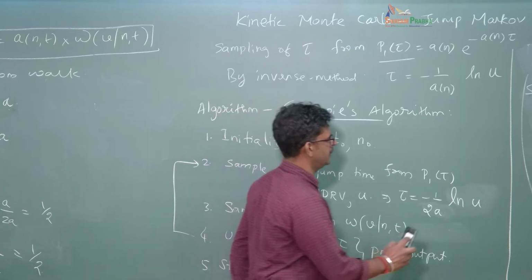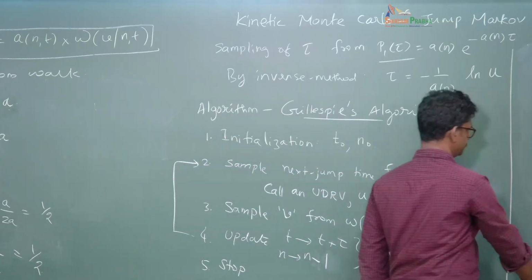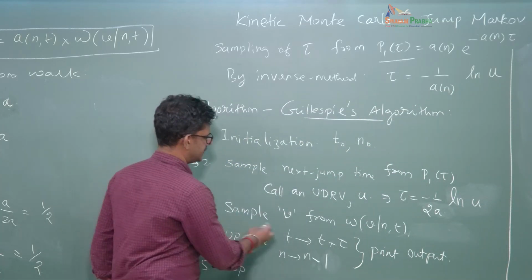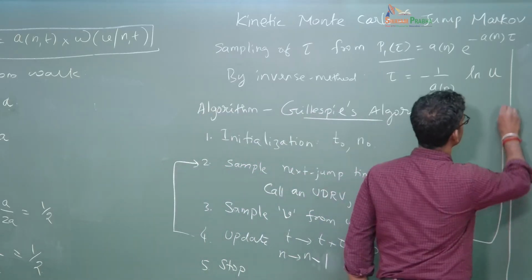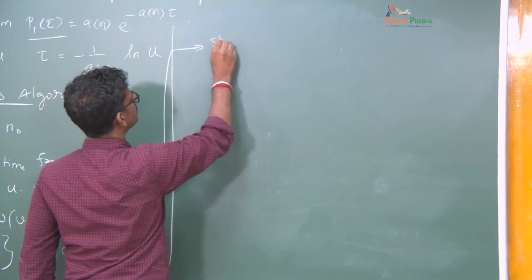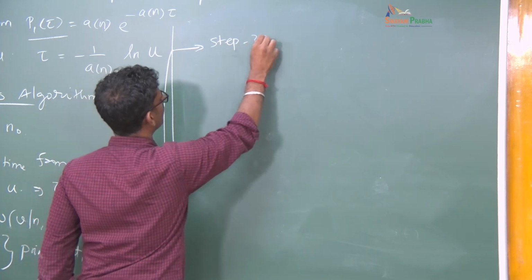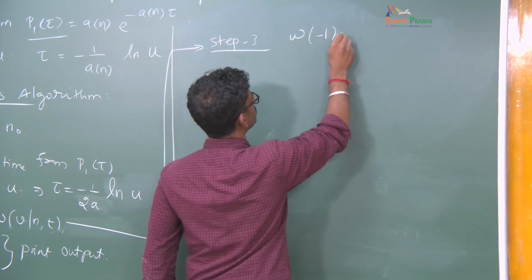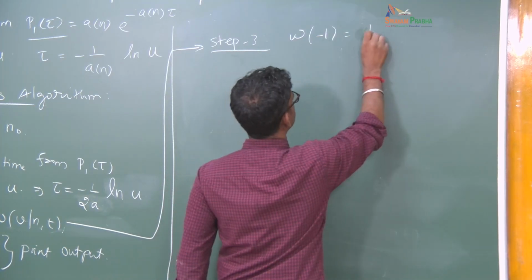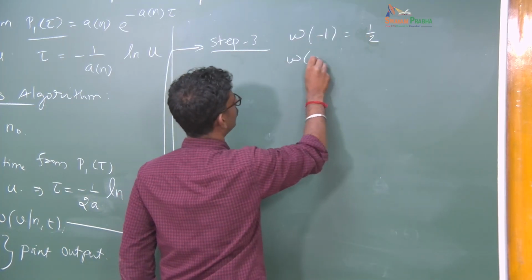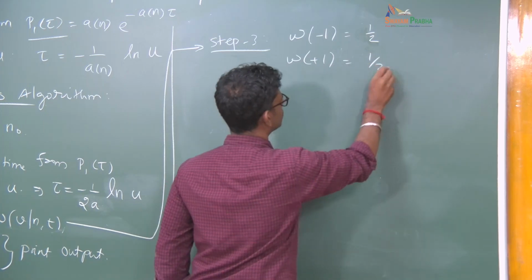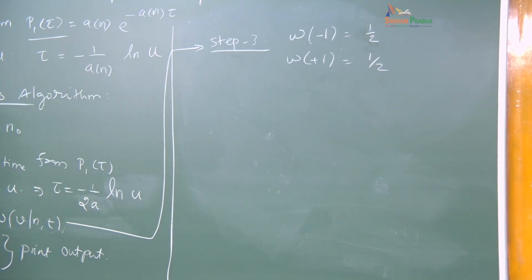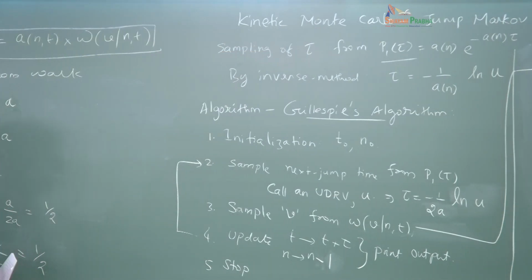Let us look at this step 3 alone. Here we have omega of minus 1 is 0.5 or 1 by 2, and omega of plus 1 is 1 by 2. Okay. So, now we have to sample this.